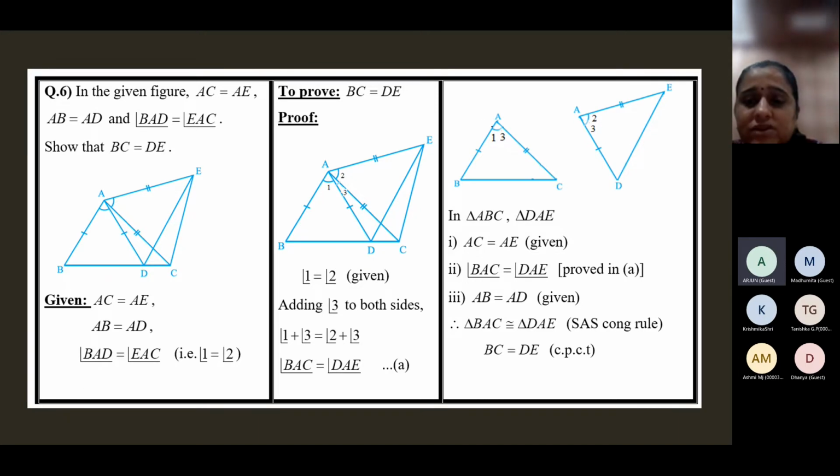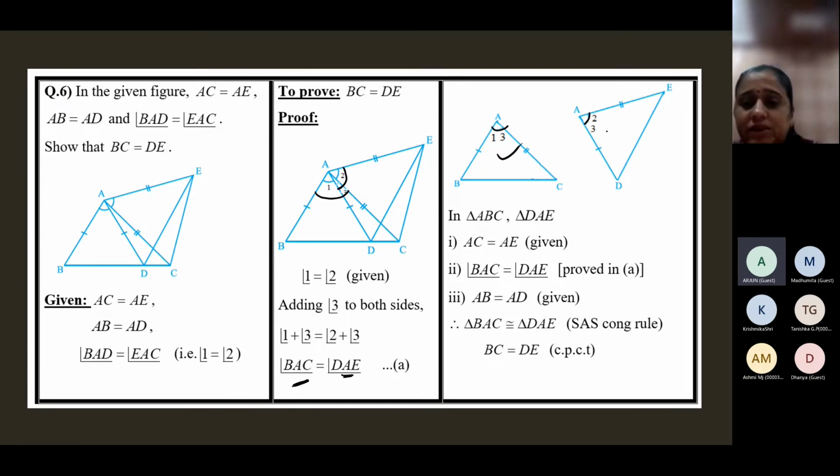Now what is angle 1 and 3 together? BAC. What is angle 2 and 3 together? DAE. You can see it here also.